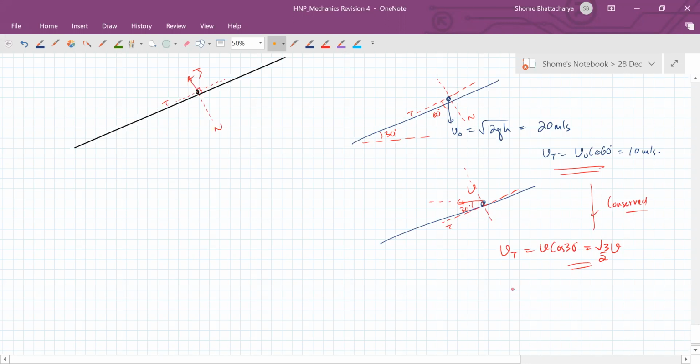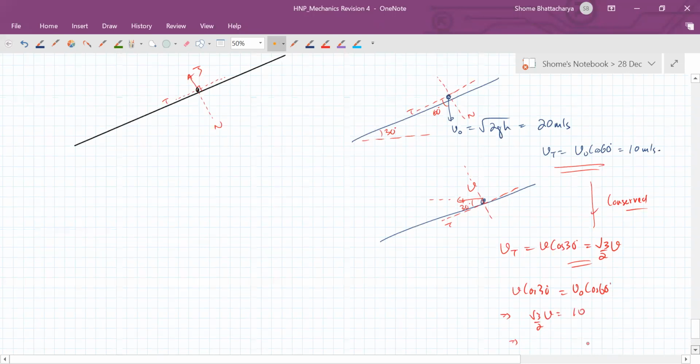Okay. So V cos 30 should be equal to V0 cos 60. In other words, root 3 by 2 V should be equal to 10. So that tells us that V is 20 by root 3 meters per second.